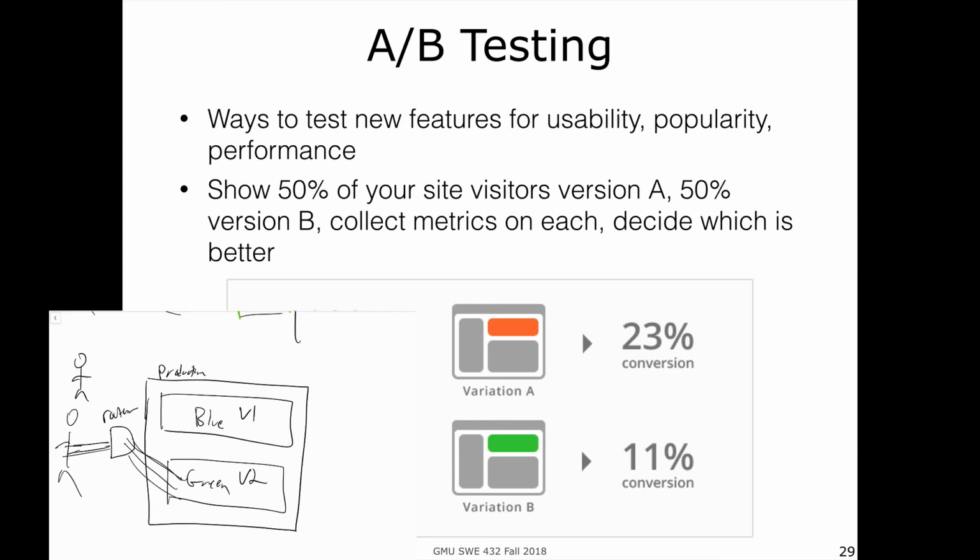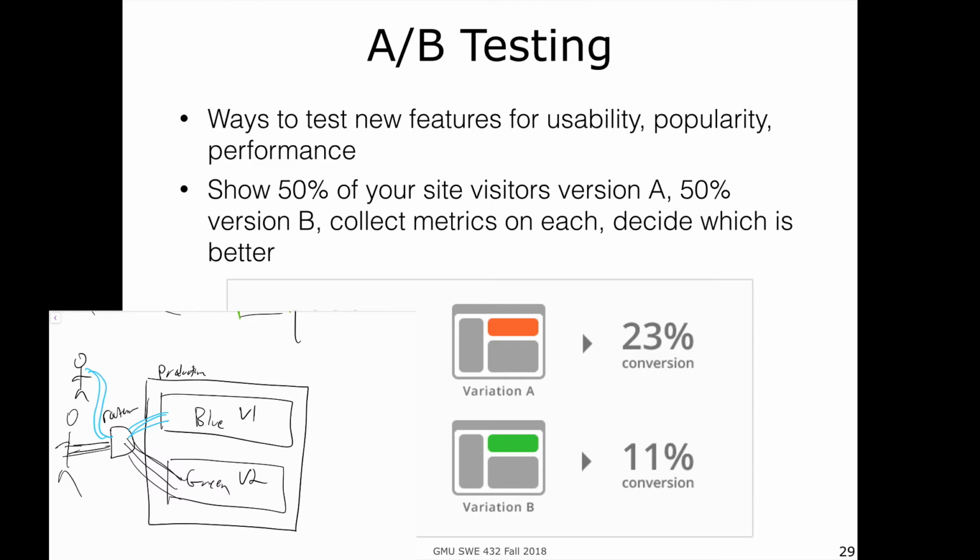So I might have two users here. I've got one user making black requests and one user making blue requests. And I might take this user's requests and send them to a different version of the code. So half of my users will see version A, half of them will see version B. I might collect metrics on each and decide which is better.